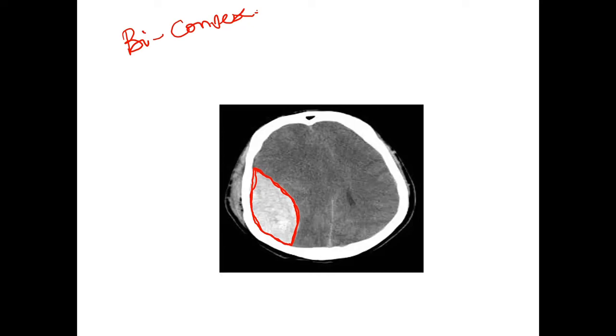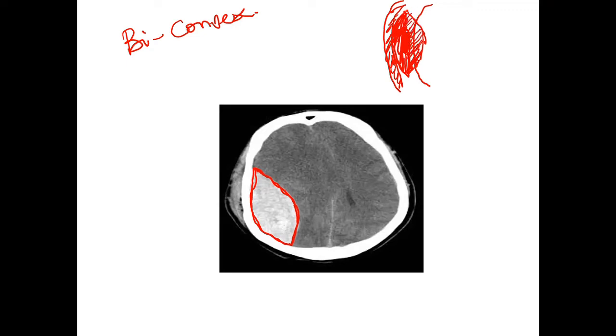Because this bleeding is between the skull and the dura. If this is the skull, the bone, and this is the dura, and you have a collection of blood, this blood here will take the impression of the skull on this side, and it will also exert pressure on the dura, because the brain is a soft tissue.